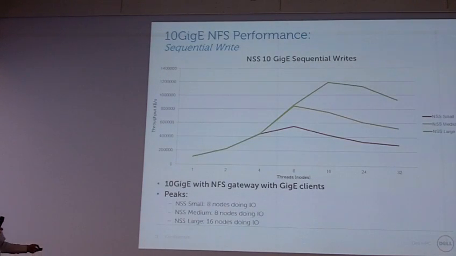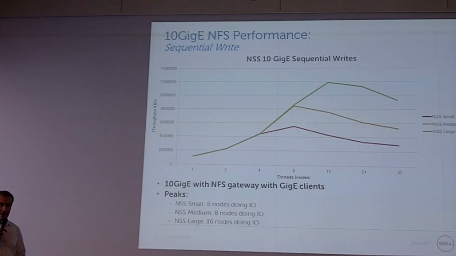On the right, you will see that depending on the number of spindles, we had different performance levels. And actually, we saw that the write performance decreases after a certain point as you increase the number of clients. This is mostly due to disk thrashing.